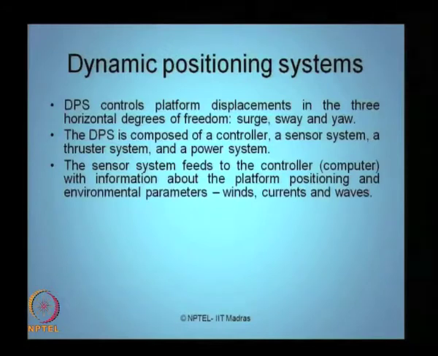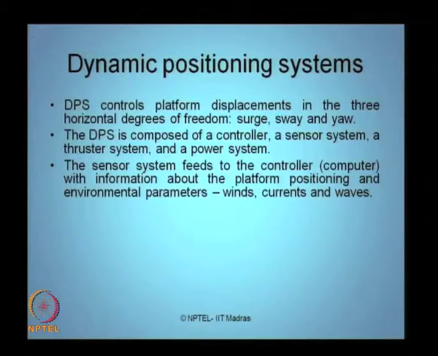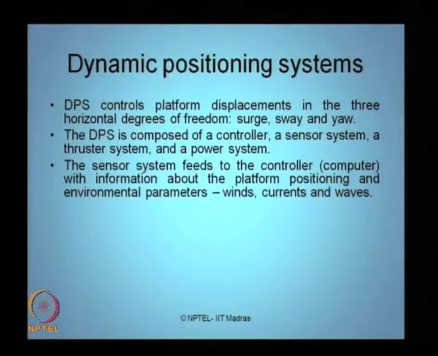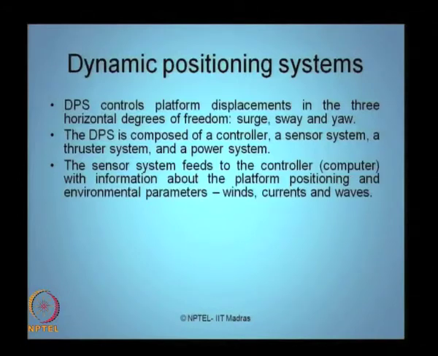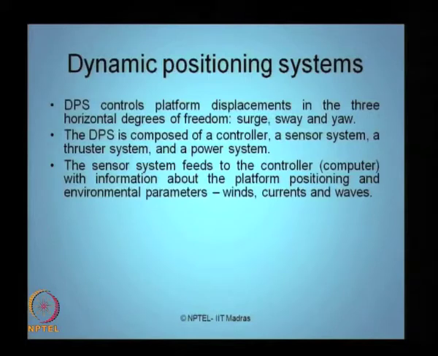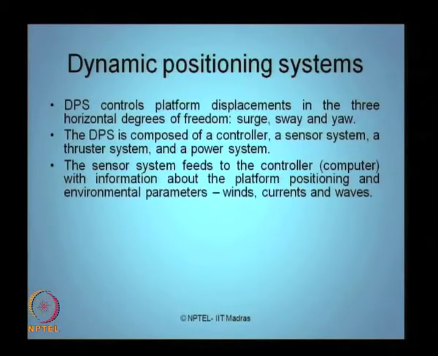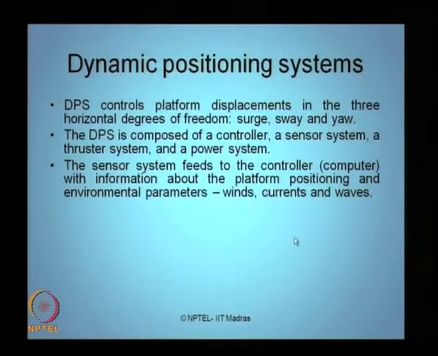The sensors keep on reading the estimates of wind, current and wave loads exerted on the drill ship, as well as the geographic and geometric positioning of the ship with respect to the GPS locations. So, these two data will be integrated, compared and fed forward by the sensor system to the computer controller.